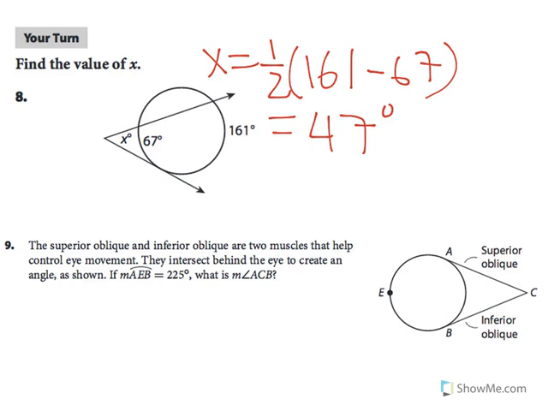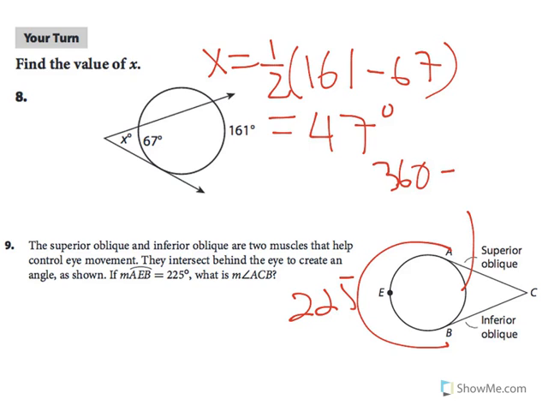Number 9 says that the superior oblique and inferior oblique are two muscles that help control eye movement. They intersect behind the eye to create an angle, as shown. The major arc AEB is 225. To solve for the other arc, we take 360 minus 225, which is 135 degrees.